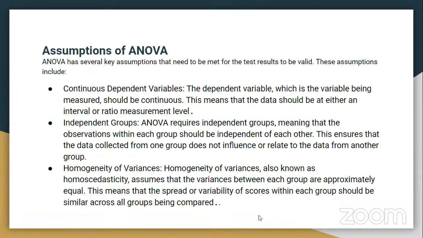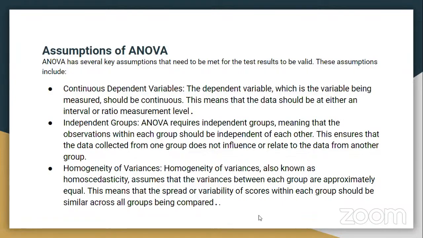Assumptions of ANOVA. Continuous dependent variable: the dependent variable, which is the variable being measured, should be continuous. This means that the data should be at either an interval or ratio measurement level. Independent groups: ANOVA requires independent groups, meaning that the observations within each group should be independent of each other.